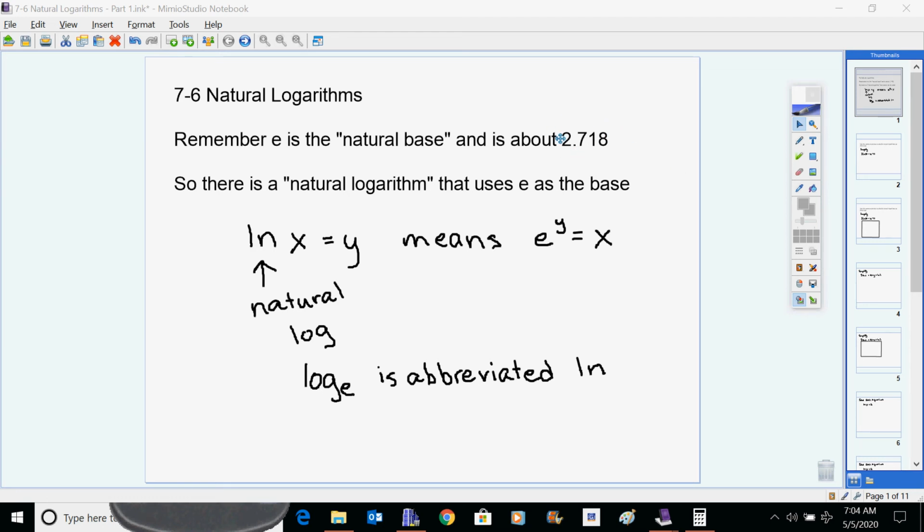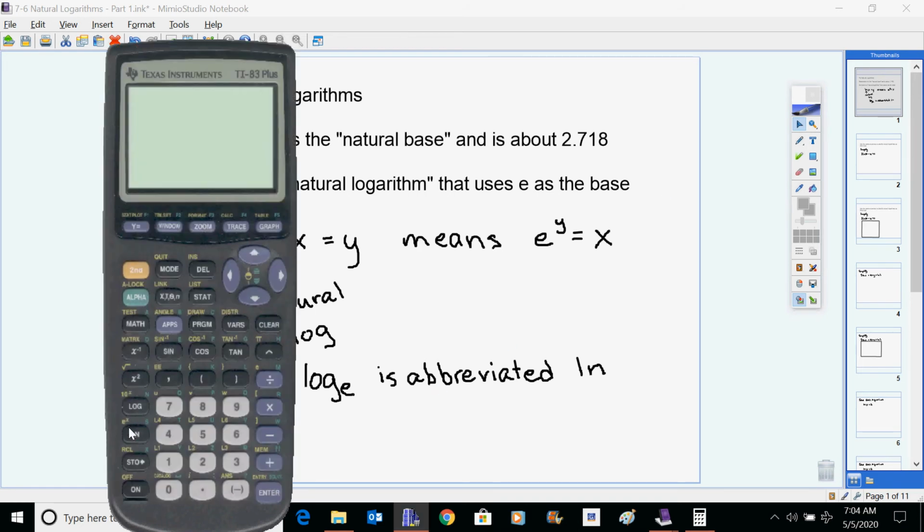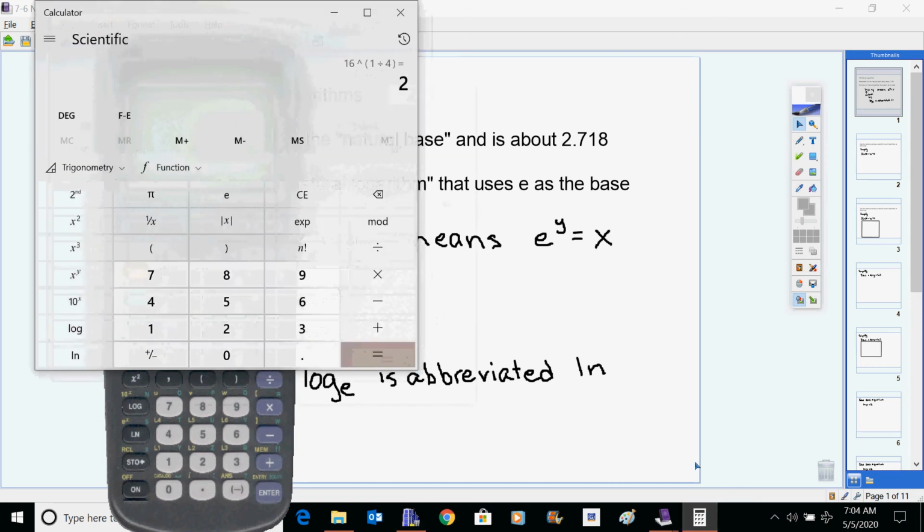Okay, so if you remember when we were looking at those exponential functions, we had a number e, called the natural base, being about 2.718. That leads us to its inverse, which is something called a natural logarithm. On your calculator, it is the LN button, natural logarithm, log base e. Even on your computer calculator, we have a natural logarithm.